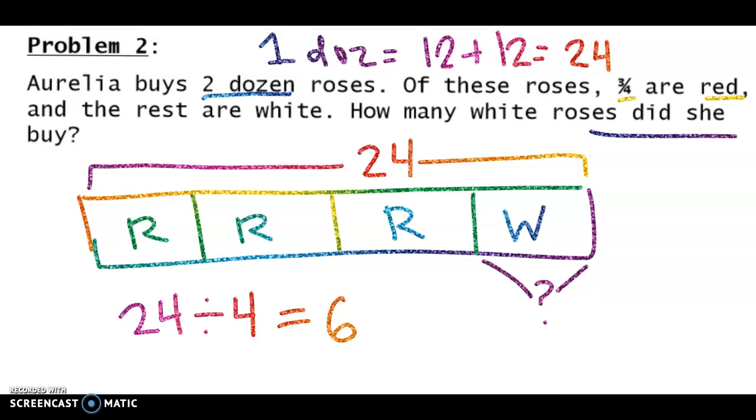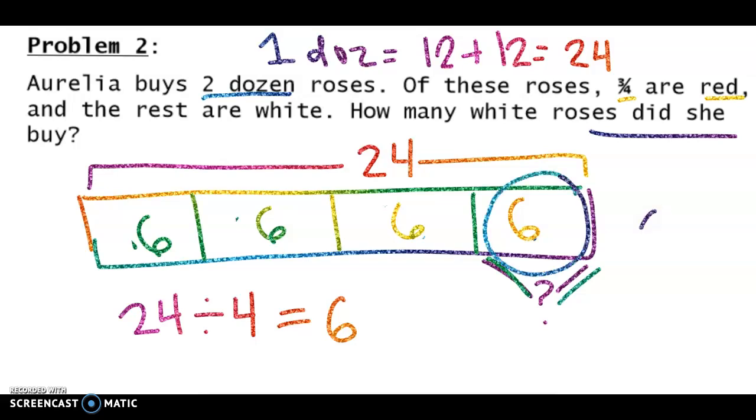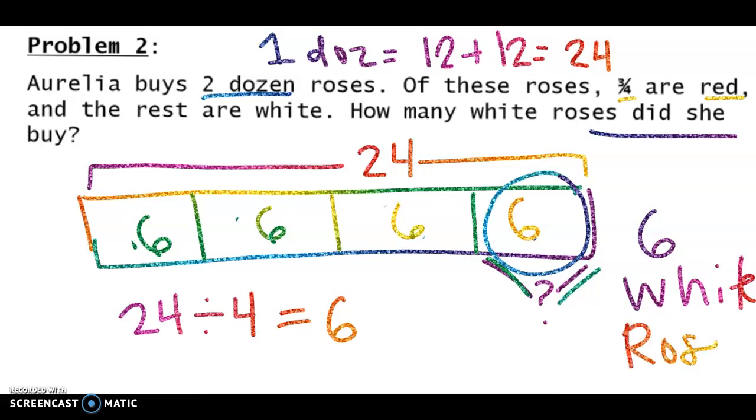So that means that each of these 1/4 units are worth 6. Since we're only looking for the white roses, the 1/4 unit, we can answer our problem that 6 were white. How many white roses did she buy? 6 white roses.